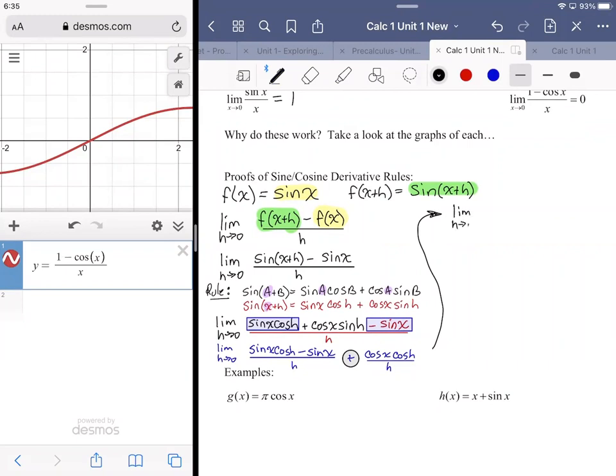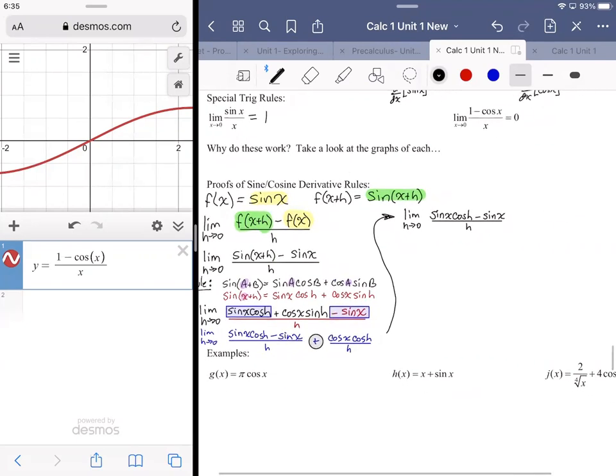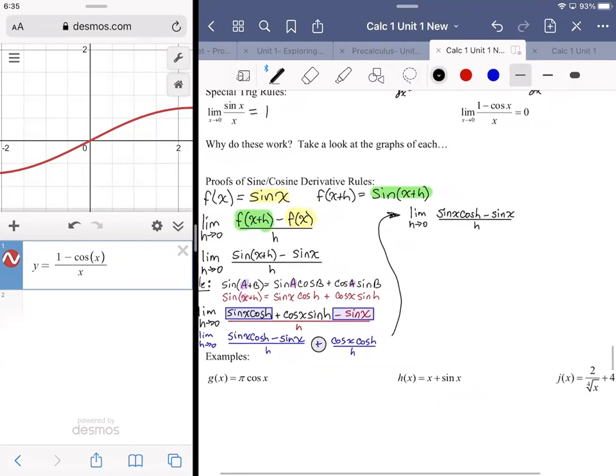Limit as h approaches 0 of all this stuff again, sine x cosine h minus sine x over h. And then as a separate limit, cosine x cosine h.